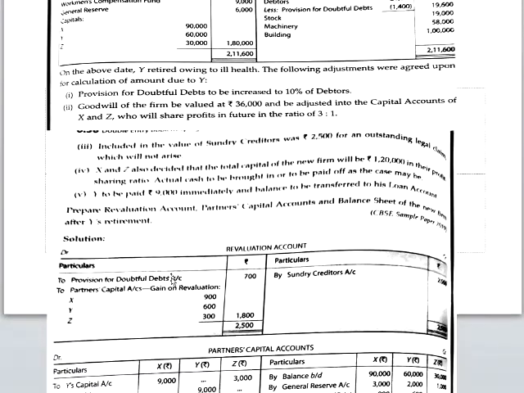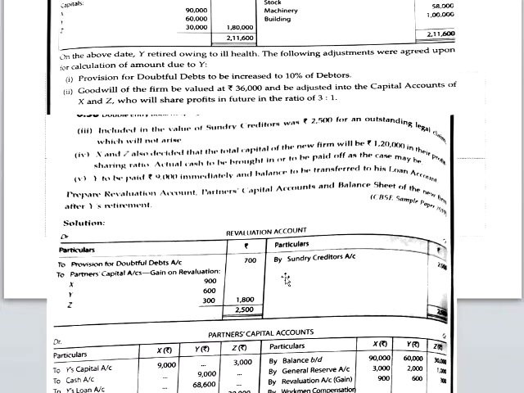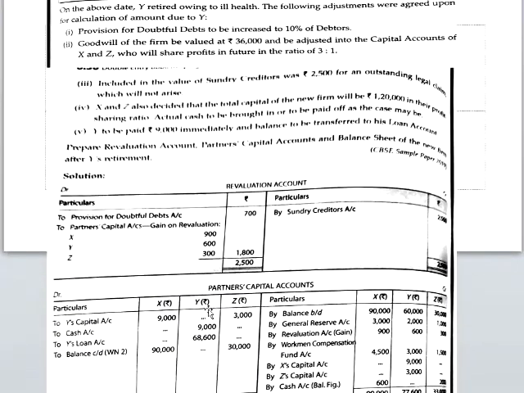Here, as I already explained, there is an increase in liability, so it appears on the debit side. Creditors on the credit side, because there is a decrease in the liability. Only two items are shown in the revaluation account, and a profit. This profit is distributed in their capital ratio, that is 3:2:1. Now see the capital account.